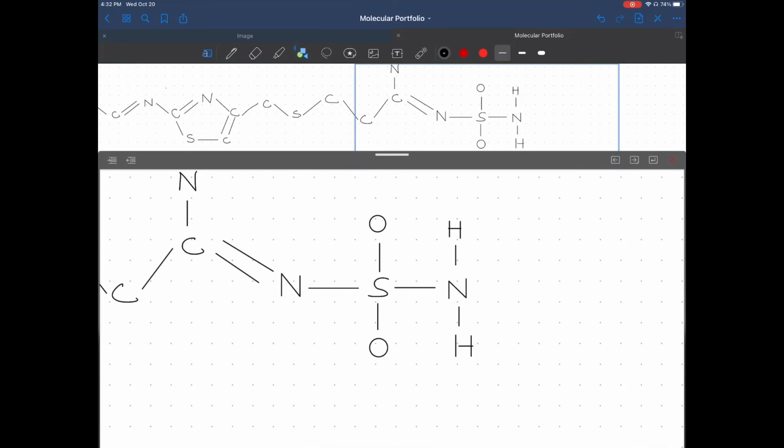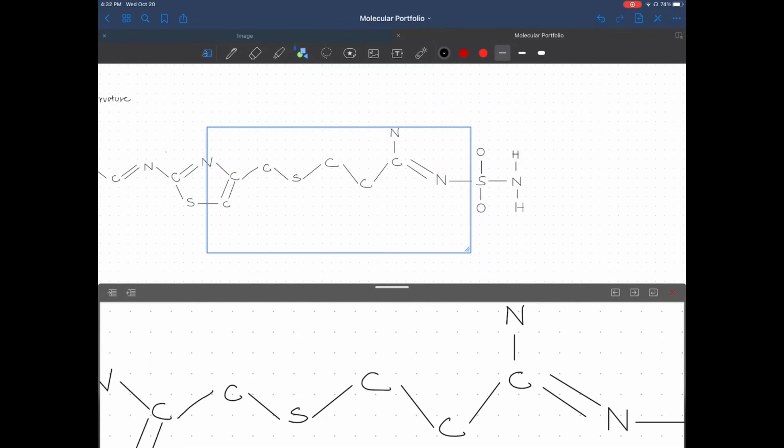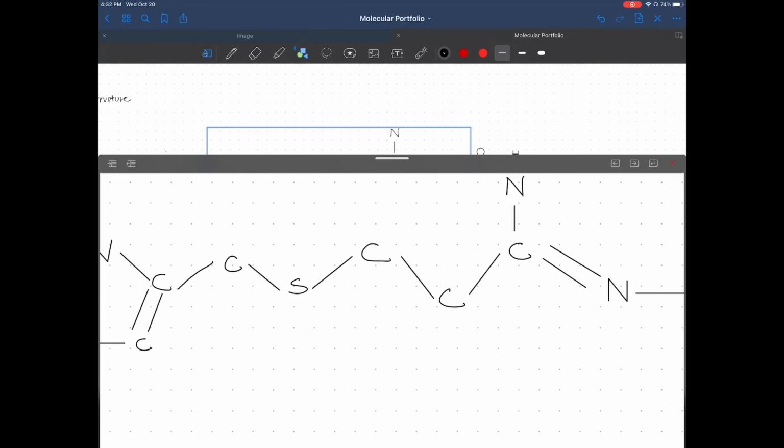Here you can see me adding in the hydrogens that are bonded to the nitrogen. Now I will also go back and show where the hydrogens are bonded to the carbon.